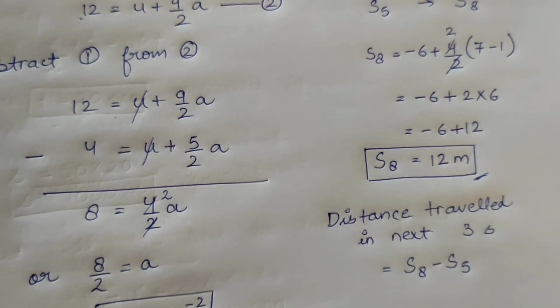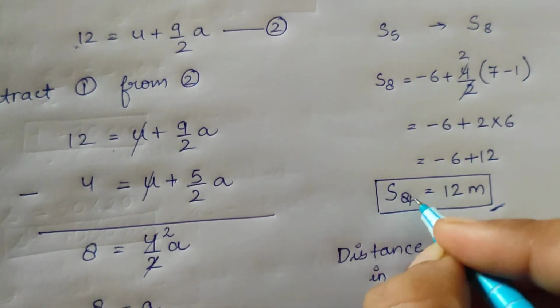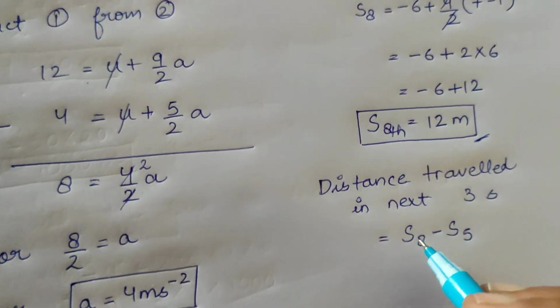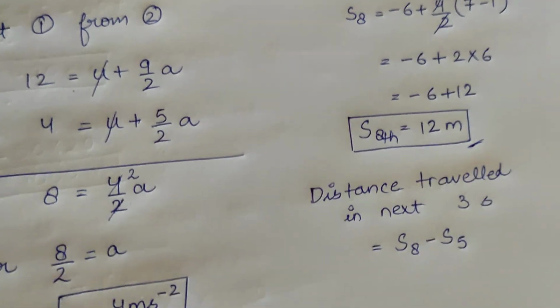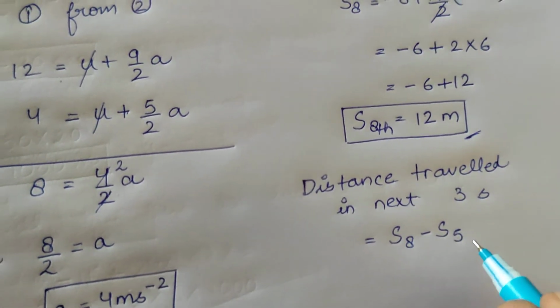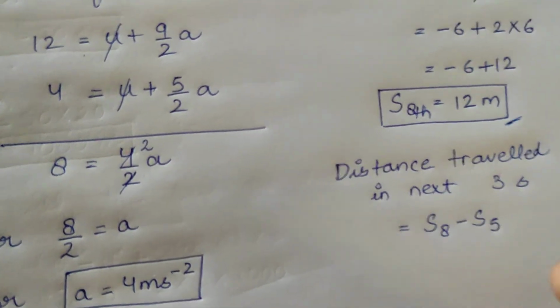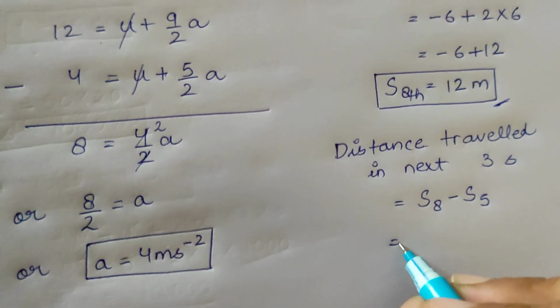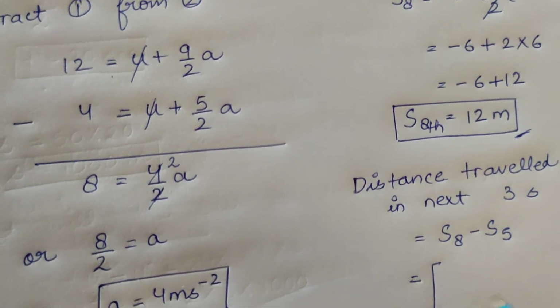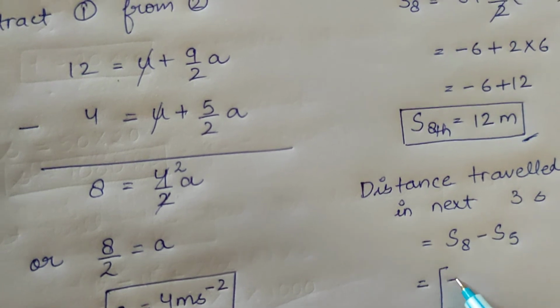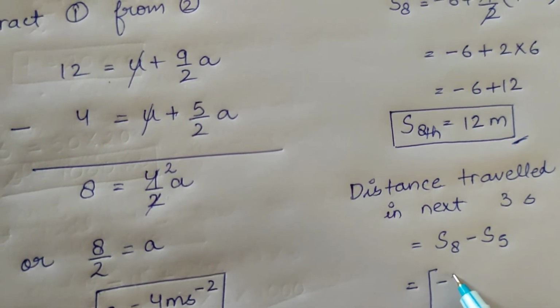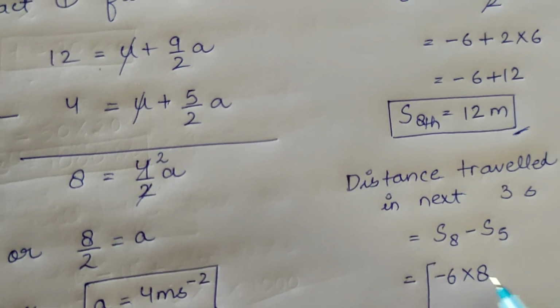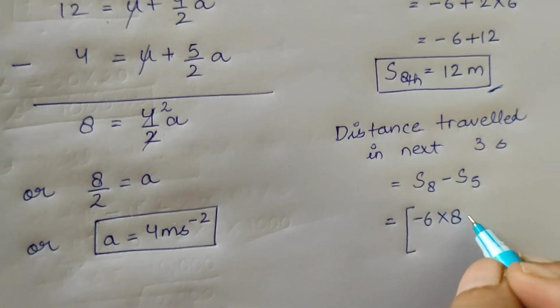But this is the S8th term, sorry. So here we have to find the distance travelled in 8 seconds and the distance travelled in 5 seconds. So we will find it out by using S is equal to UT plus half AT square. So U is minus 6 into 8, T is 8.